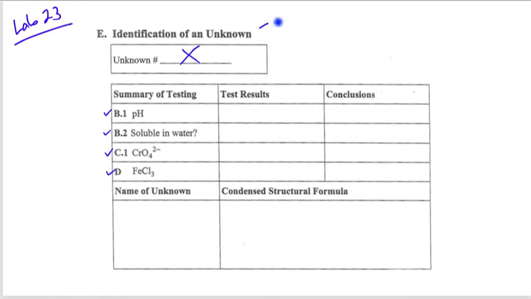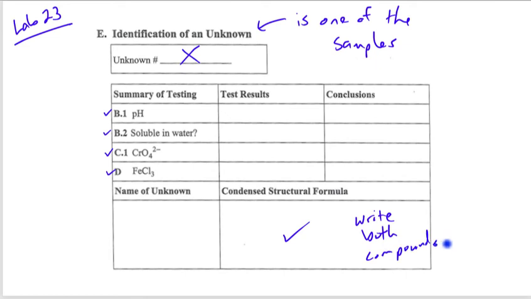Now, the unknown is one of the samples that we have been using. Based on the combination of test results, you should be able to identify what the compound is. If the test results match up with 2 of the compounds, then write both compounds if needed.